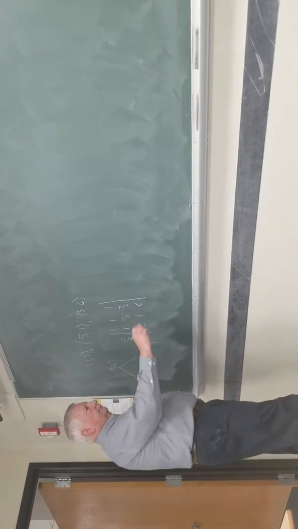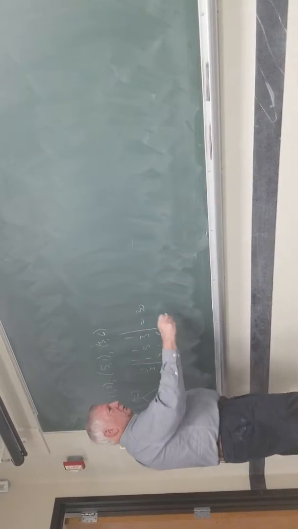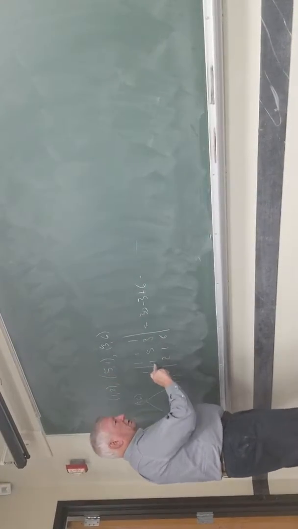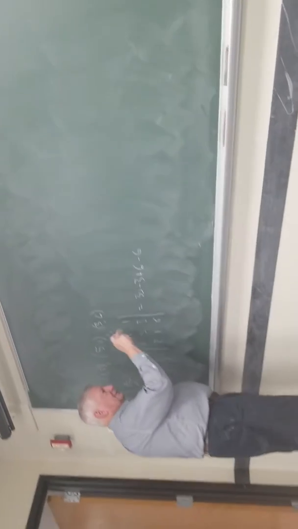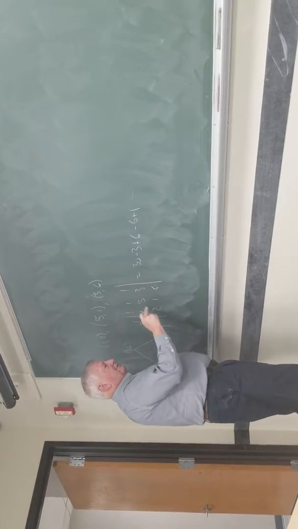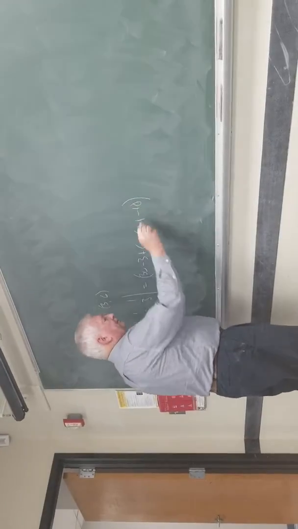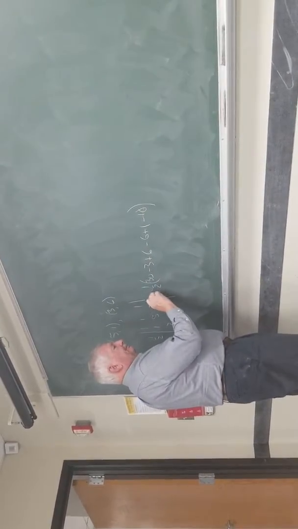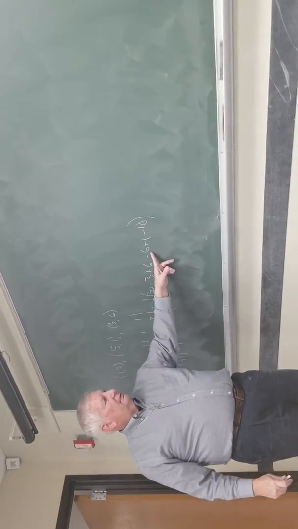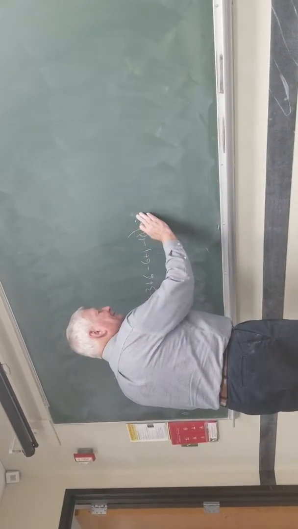So, 1 times 5 times 6, minus 1 times 3 times 1, plus 1 times 3 times 2, minus 1 times 1 times 6, plus 1 times 1 times 1, minus 1 times 5 times 2, times 1/2. 30 minus 3 is 27, plus 6 minus 6 is 27, plus 1 is 28, minus 10 is 18. Times 1/2 is 9.